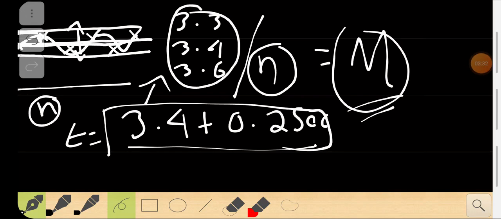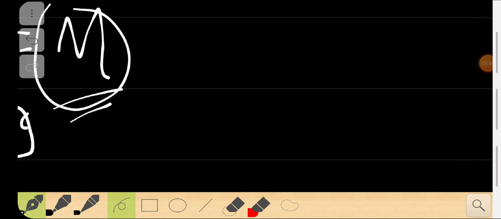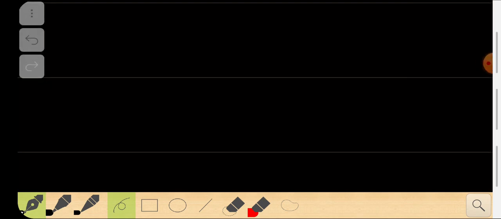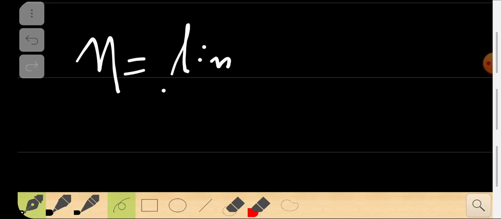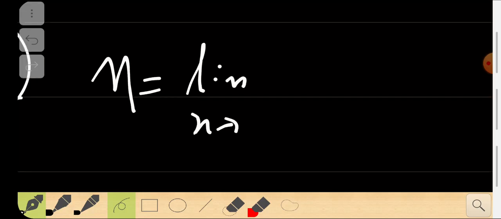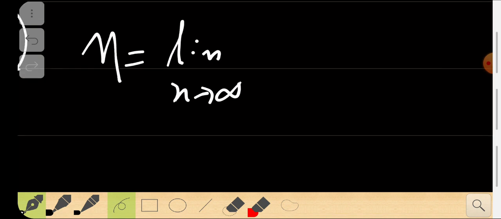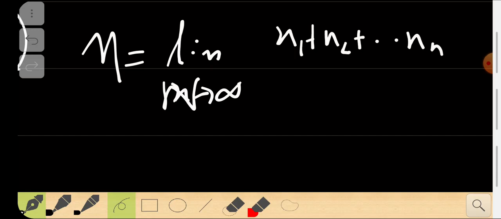Now if you want to develop a standard way of representing the mean value, you can say that the mean value can be considered as the limit n tends to infinity of (x1 plus x2 plus etcetera up to xn) divided by n.